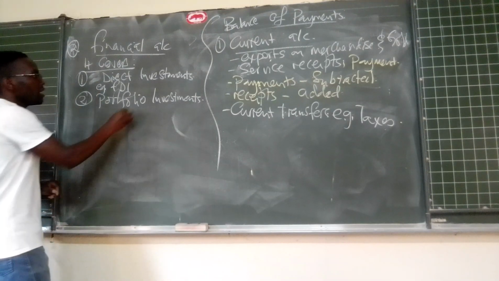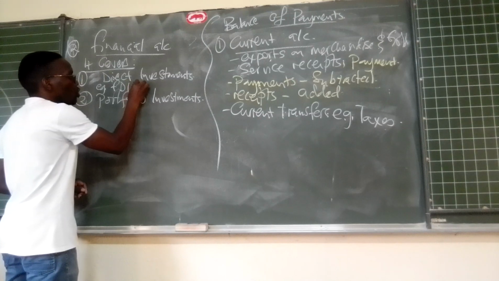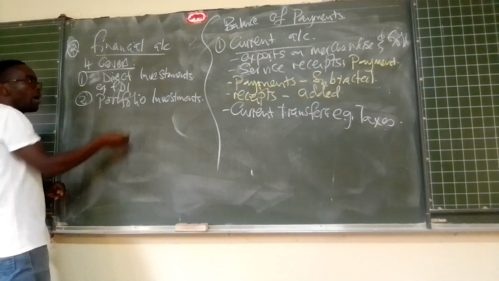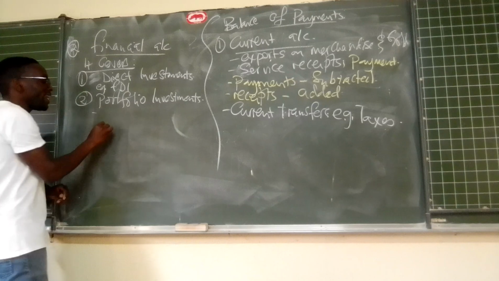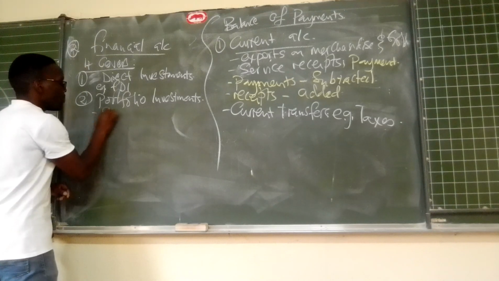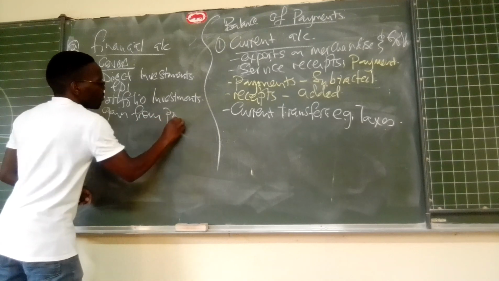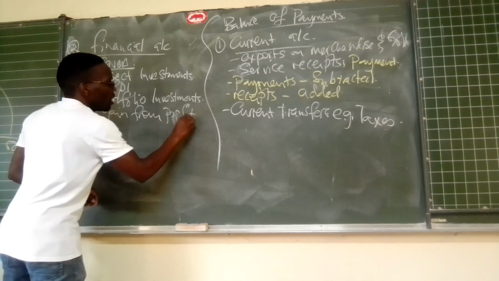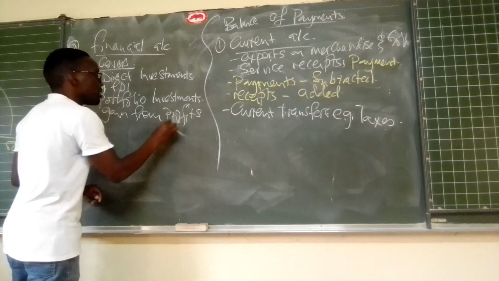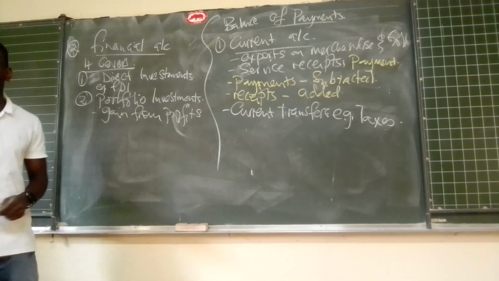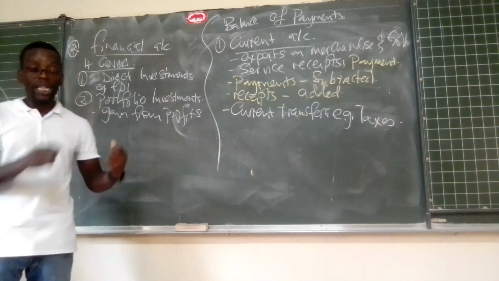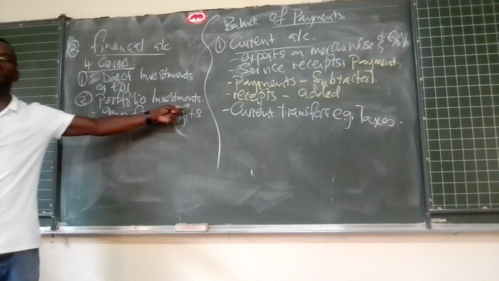In other words, with direct investment the intention was to gain control, but with portfolio investment the intention is to gain from the profits of that particular business. Are we together there? And when that happens, it's a portfolio investment.